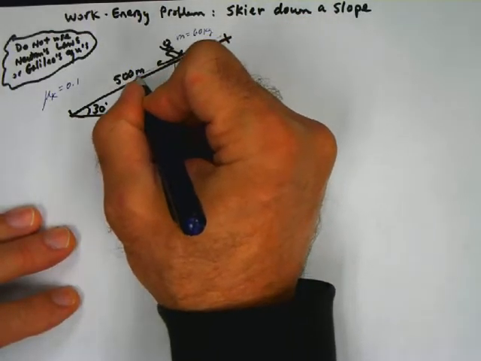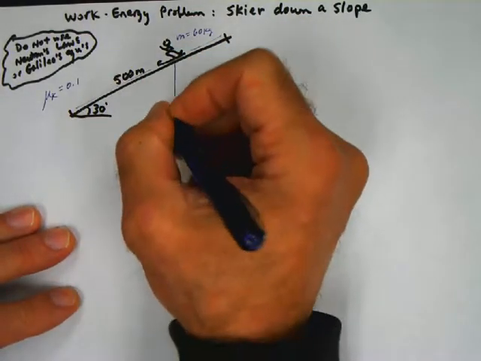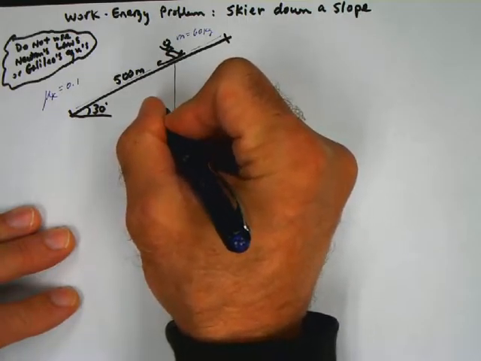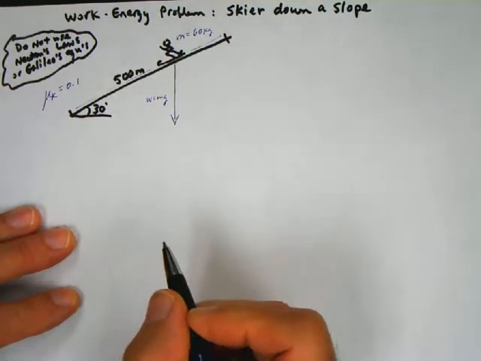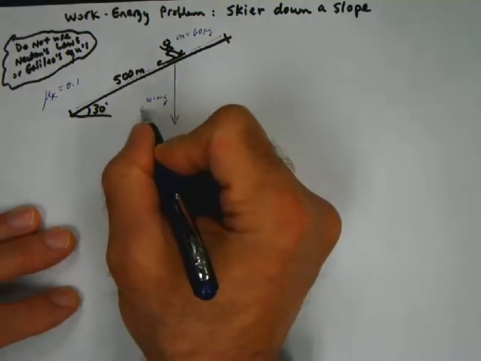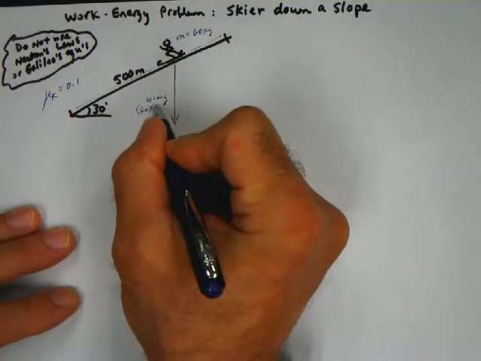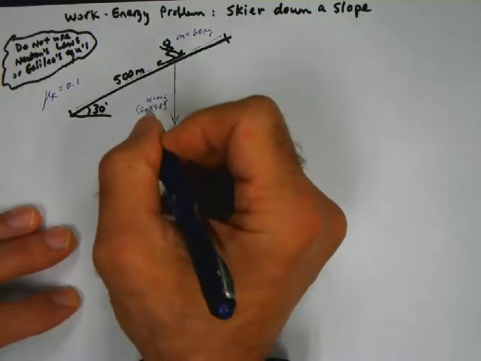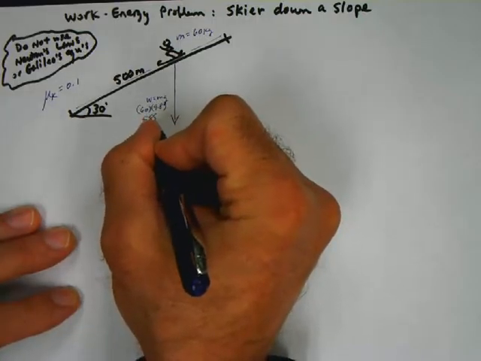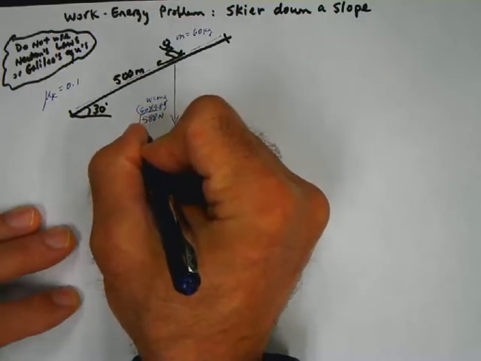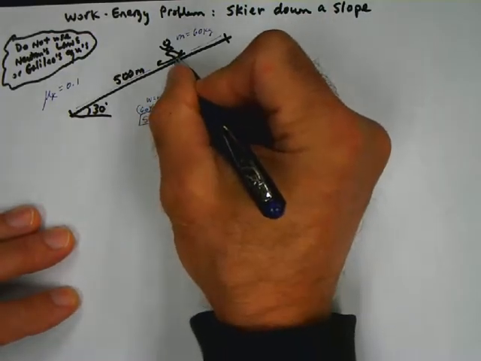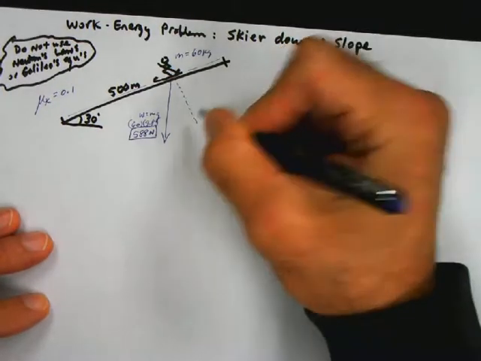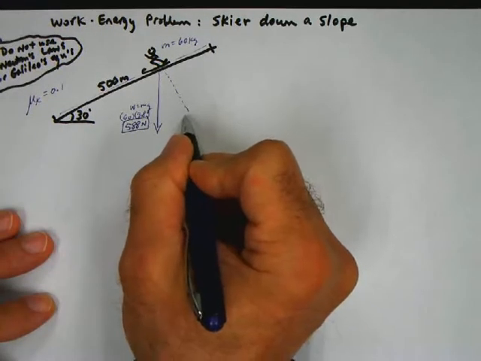Okay, so let me lay out the person's weight here. The weight would be equal to mg, so that would be 60 kilograms times 9.8, which gives us 588 newtons of weight. And we can split that person's weight up into a component perpendicular to the slope and a component parallel with the slope.